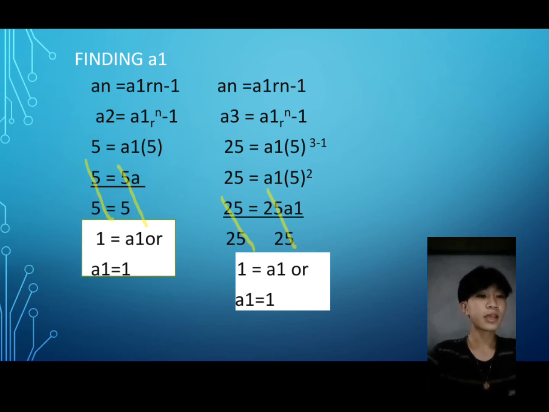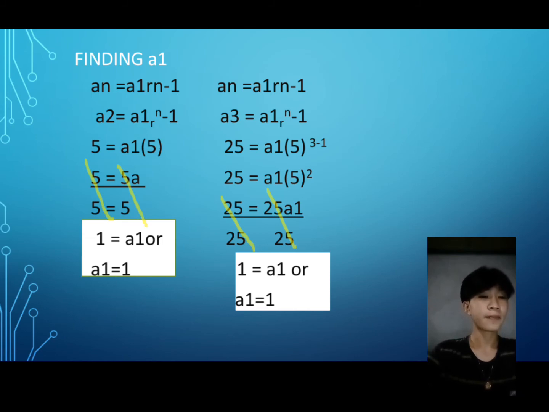So 5 equals a sub 1 times 5 raised to 1. So 5 equals 5 a sub 1. Divide both sides by 5 to cancel out the same value. So 5 a sub 1 over 5, with the answer of 1, equals a sub 1, or a sub 1 equals 1.